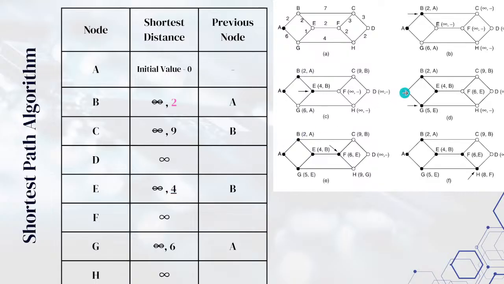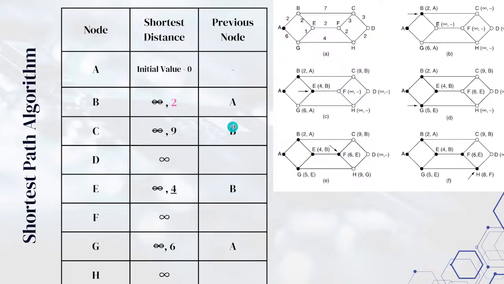Now the next immediate node for B is C. B to C, the distance is 7, and the value of B is 2. So 2 plus 7 is 9, right?